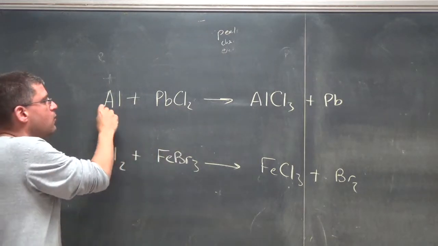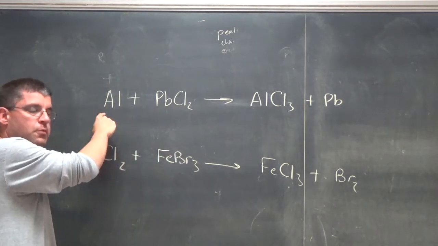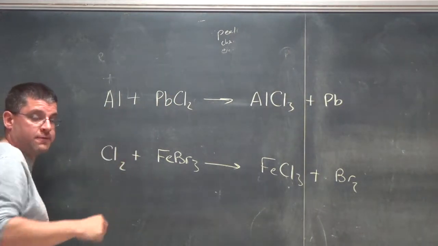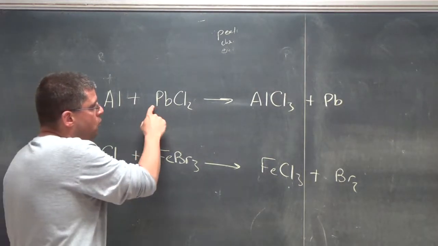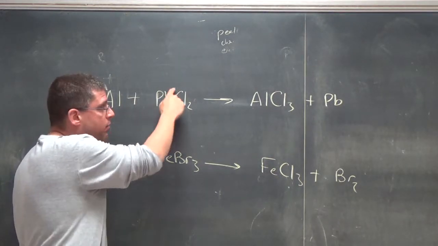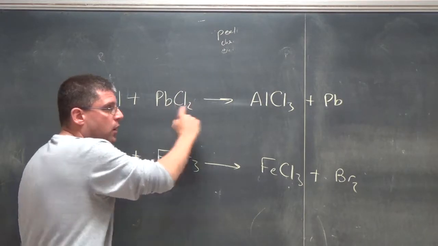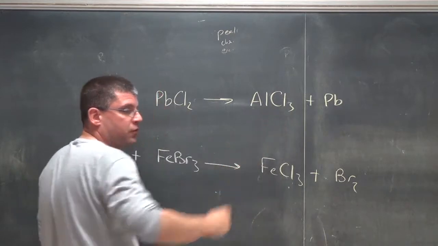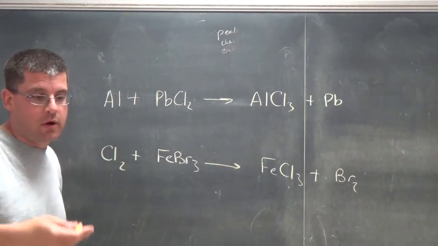Can we take aluminum, which is a somewhat reactive metal in group 13, with 3 valence electrons, wanting to lose 3 to get a full outer shell? Will it be active enough to displace, break this apart, push lead aside, and bond with the chlorine, which will become a chloride ion?